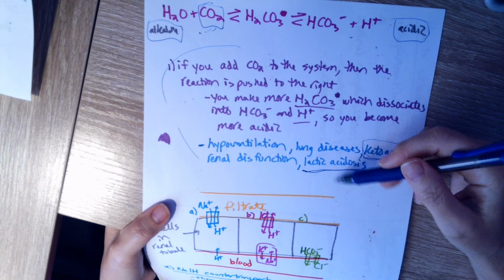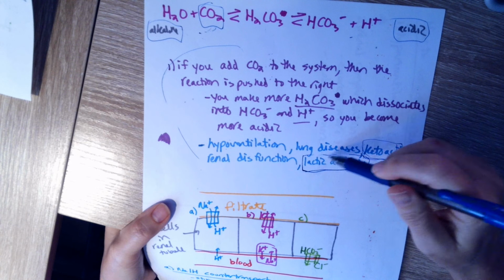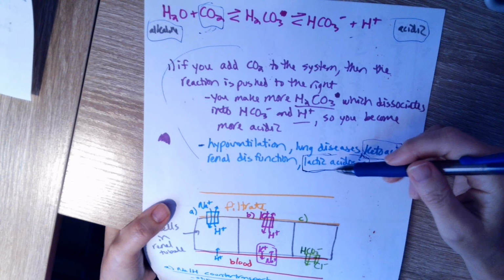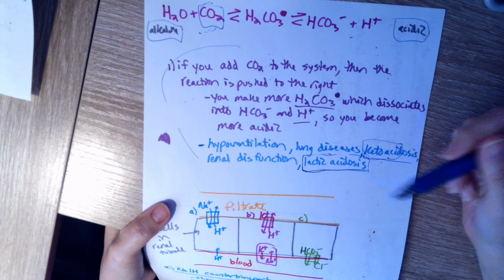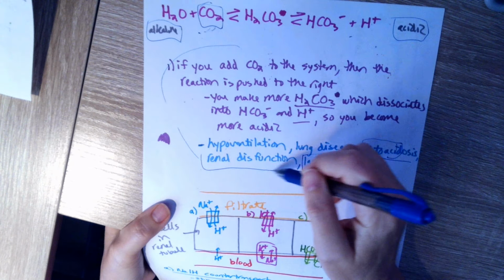So as long as you don't just keep on doing it, which I can't imagine someone doing, although it's possible to cause this to be problematic throughout your whole body, but it's not very common. So that would be due to extreme exercise or heavy exercise. And then renal dysfunction.